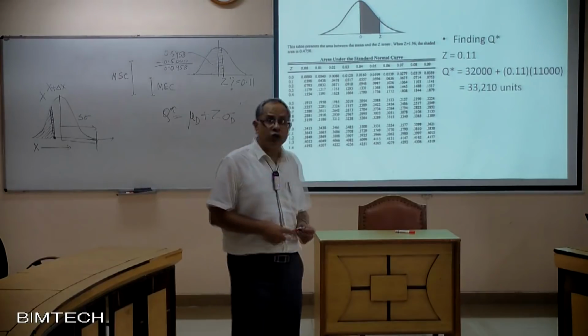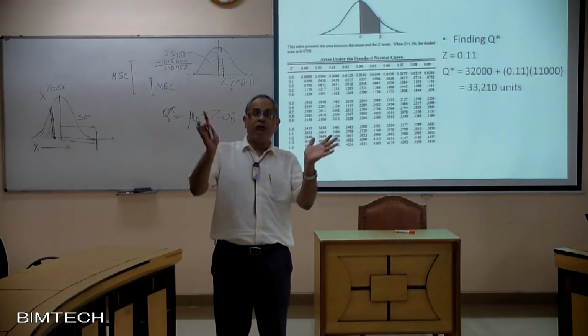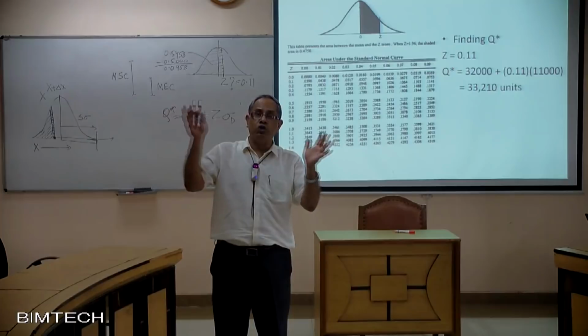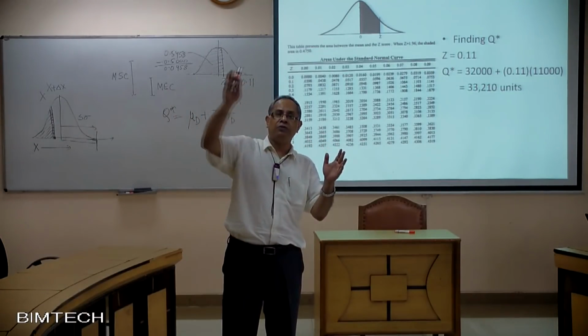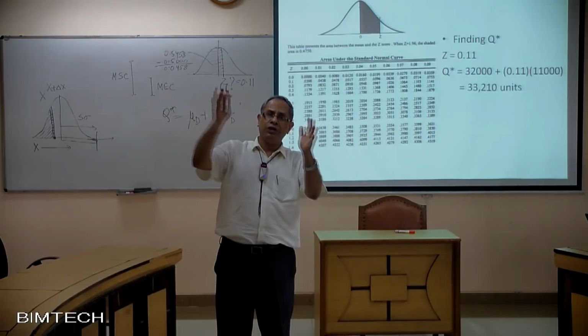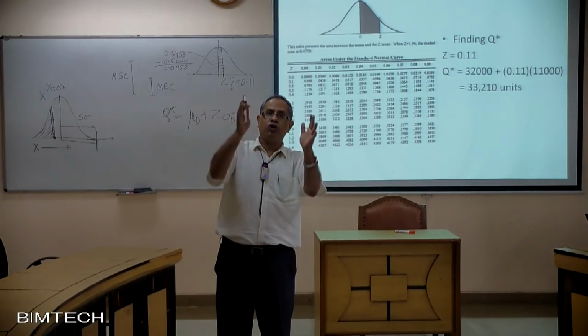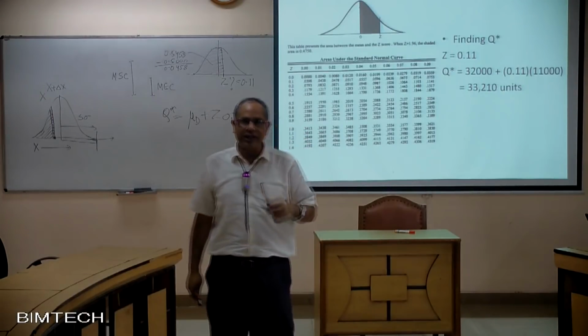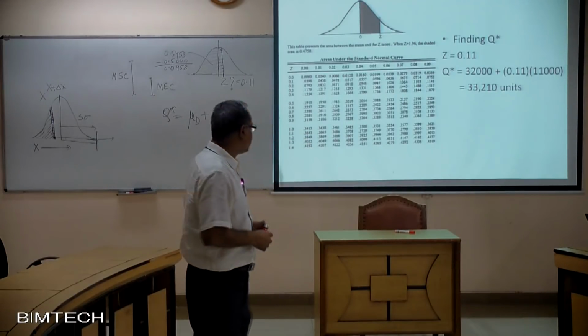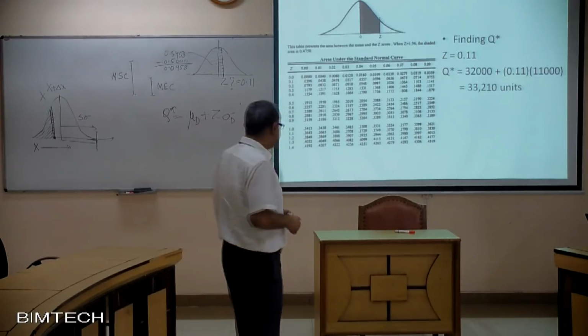Of course, we could have fine-tuned our earlier value by taking the Qs. We had taken Qs to be 1,000 units apart from each other. If we had taken the Qs much closer to each other, we might have got a value much closer to this analytical value of 33,210 units.